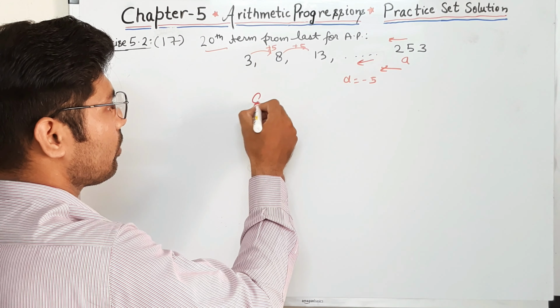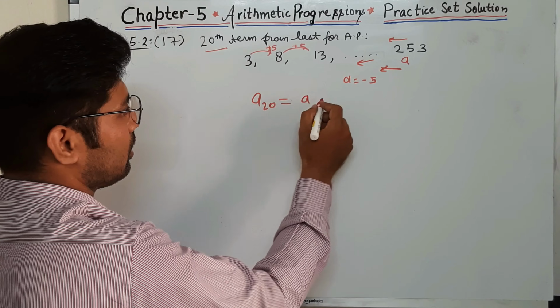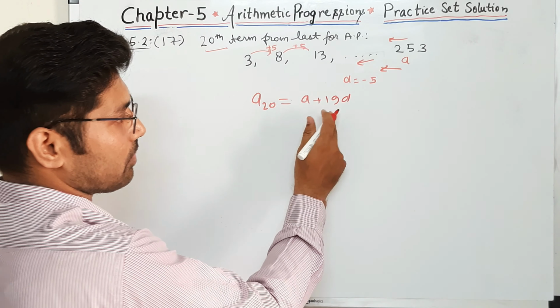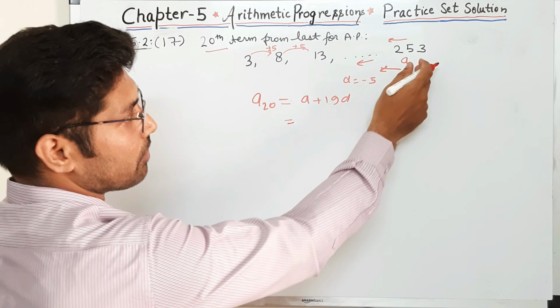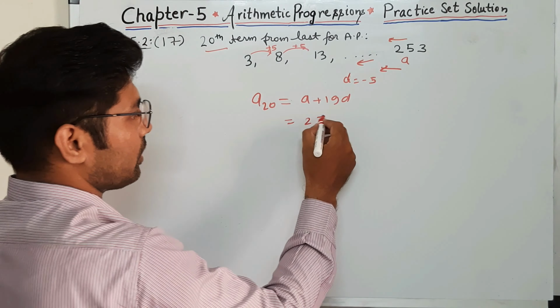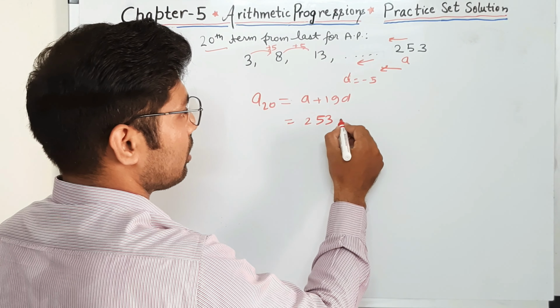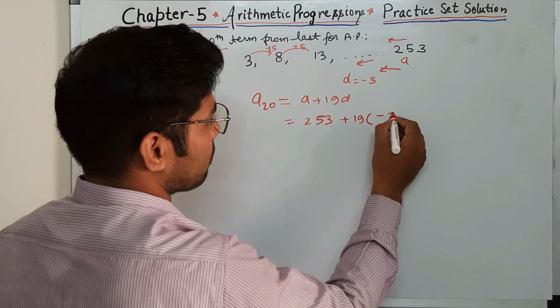So a20 is equal to a plus 19d. 20 minus 1 is 19. So the first term a is here because we are coming from this direction, right? So it will be 253, and d we also need to take for this direction, so plus 19 into d, d will be minus 5.